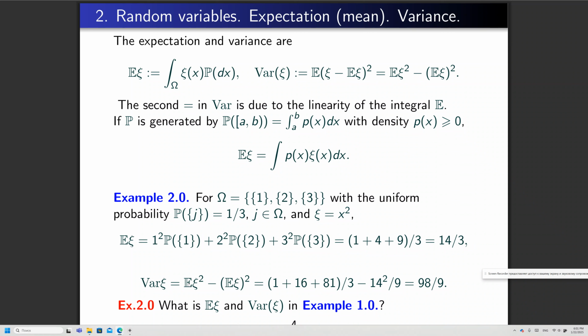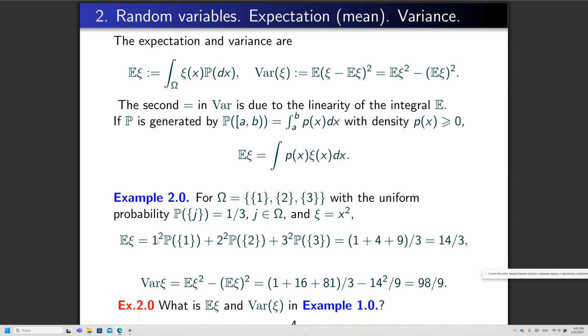Variance can be computed in the same way. This is the expectation of xi squared minus the expectation of xi, power 2. Again, the expectation of xi squared is a sum of this form, but here we need to take xi power 2. Xi is already x power 2, so in power 2 it becomes x power 4.